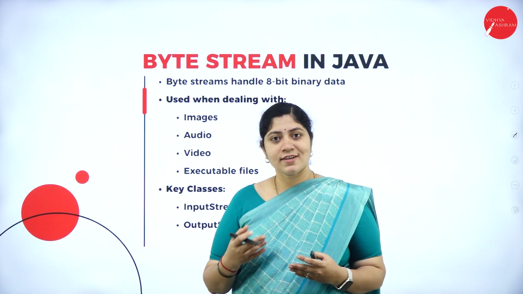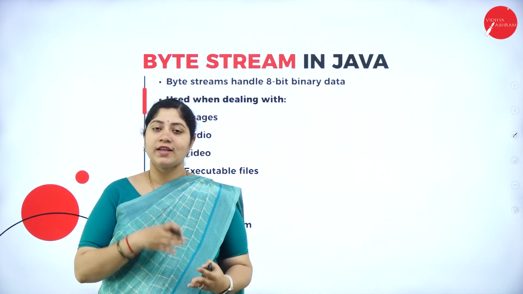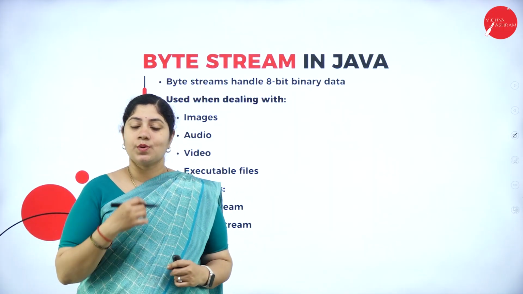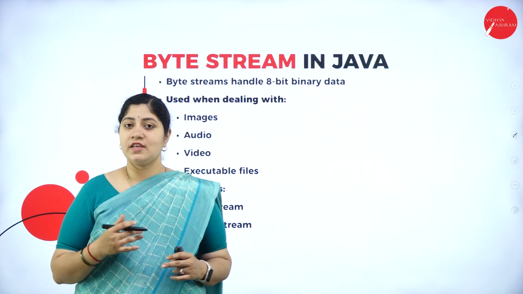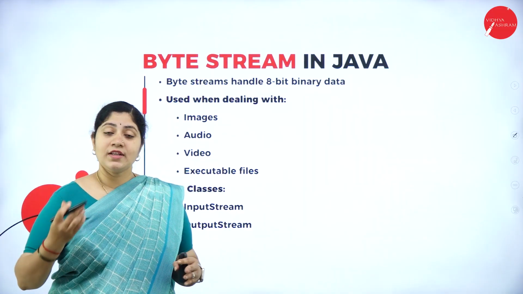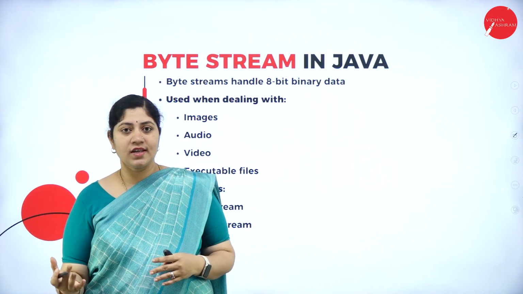Now let's understand a bit more in depth with respect to byte streams. We have discussed this in a glimpse, correct? So now let's move forward and understand it in a more descriptive way. The byte stream is capable of handling 8-bit binary data.